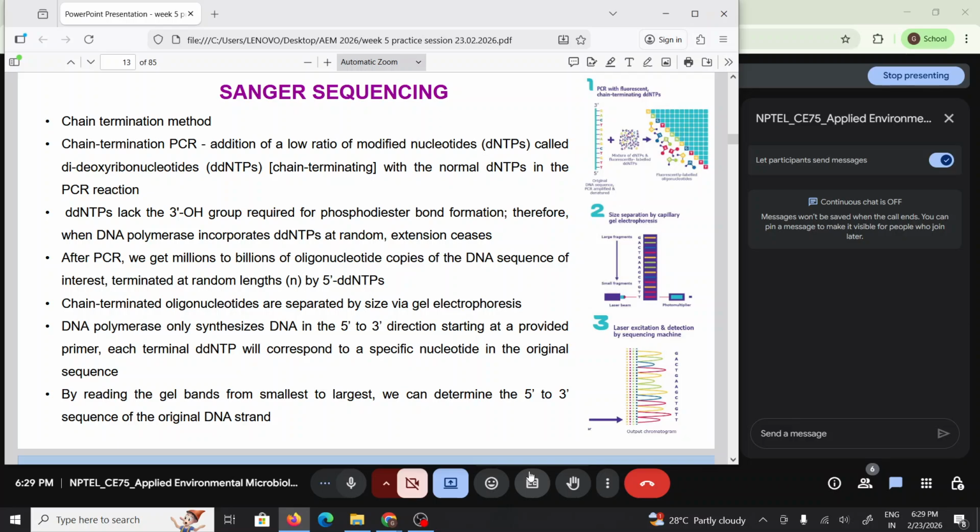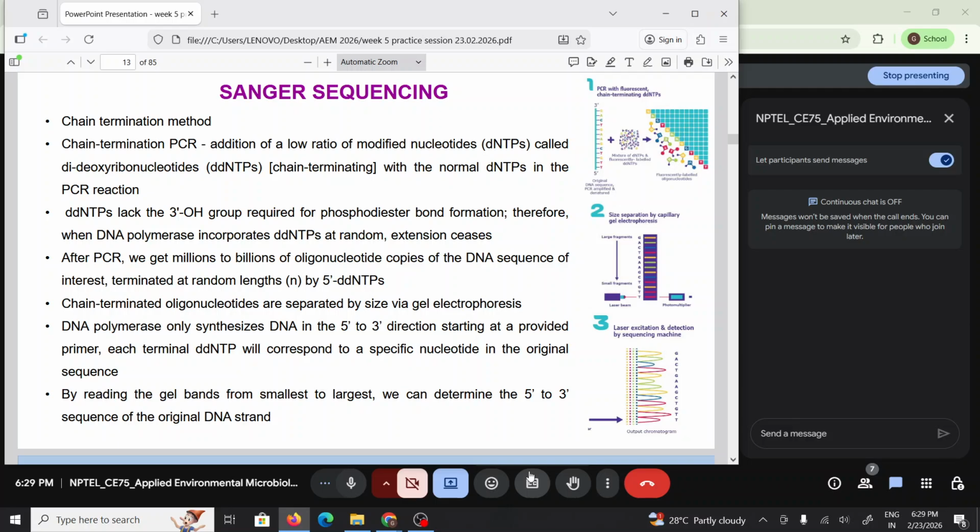So this we can separate using a gel electrophoresis method. We use gel electrophoresis usually as a separation technique. Based on the size of the molecule, the separation happens. Because each of the strands is terminated at a particular point, one would be shorter, one would be longer. So that is how you get a pattern.